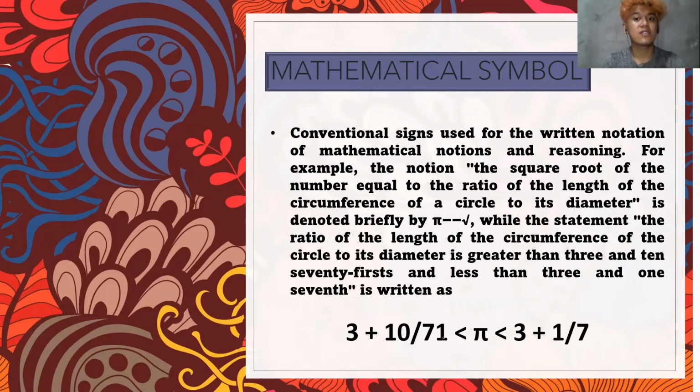A mathematical symbol is a conventional sign used for the written notation of mathematical notions and reasonings. For example, the notion of the number equal to the ratio of the length of the circumference of a circle to its diameter is denoted briefly by pi, while the statement that the ratio of the length of the circumference of the circle to its diameter is greater than 3 and 10/71 and less than 3 and 1/7 is written as 3 plus 10/71 is less than pi, less than 3 plus 1/7.